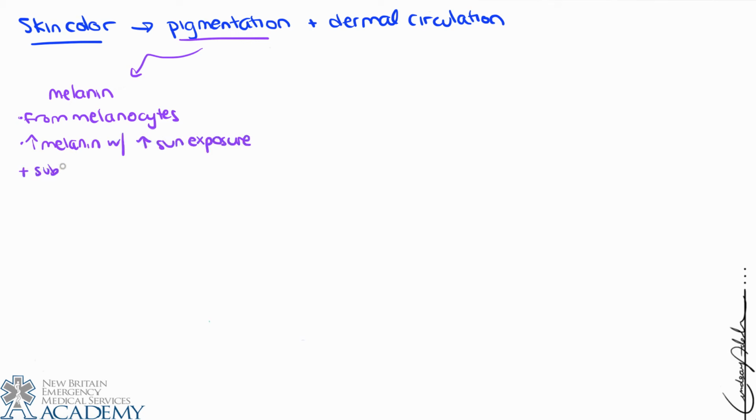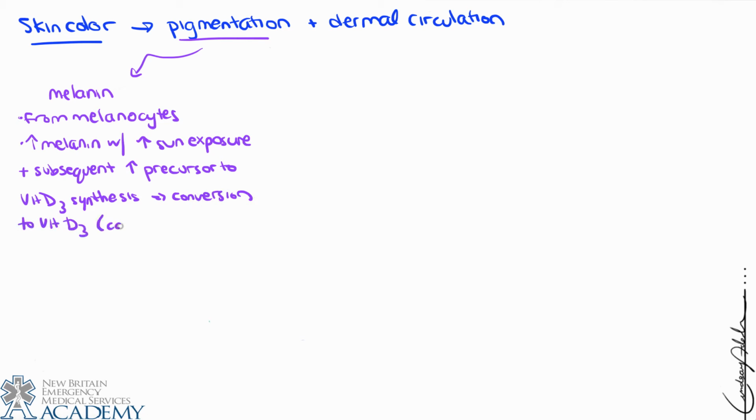And subsequently, there will be an increase in the precursor to vitamin D synthesis. And then ultimately increased conversion to vitamin D3, which is calcitriol, in the liver and the kidneys. And this allows for increased calcium absorption in the small intestine.